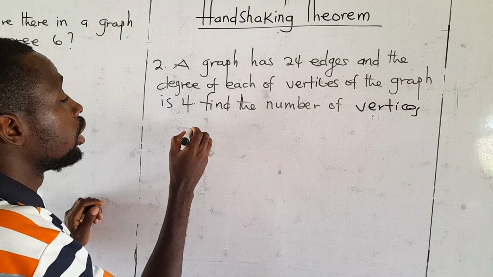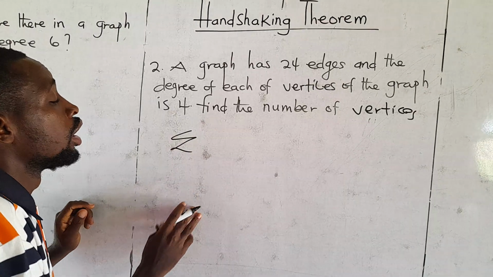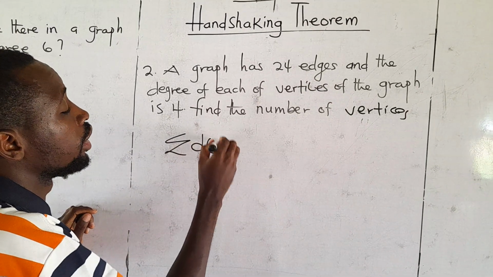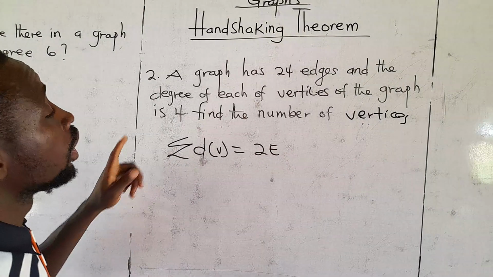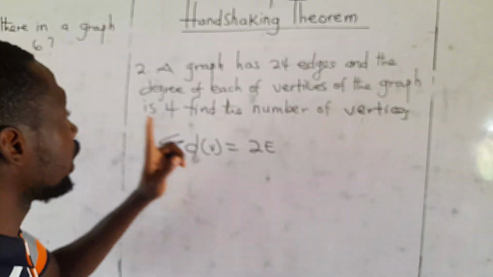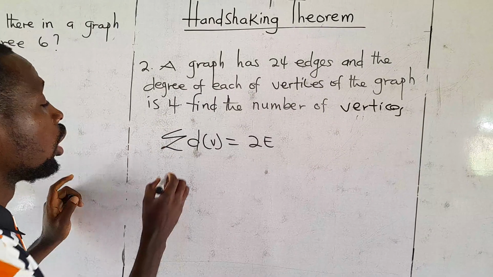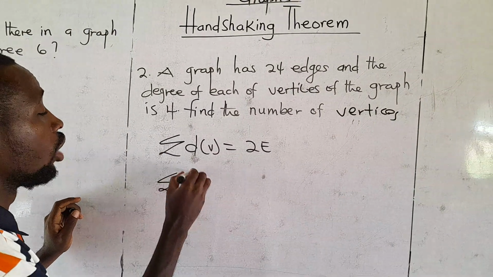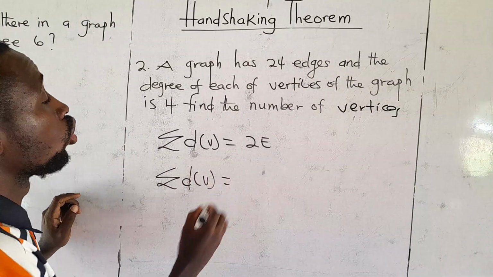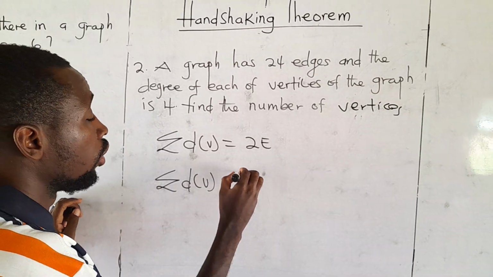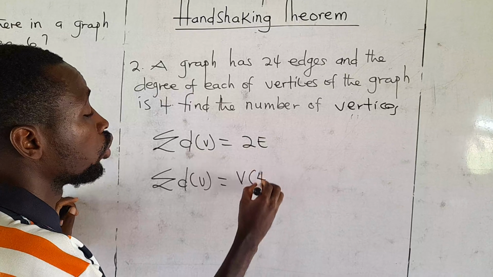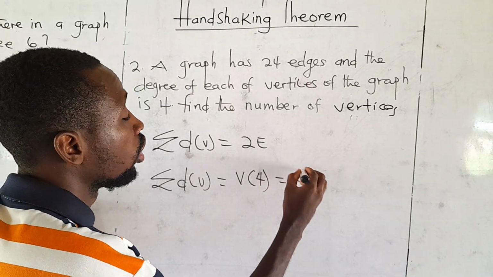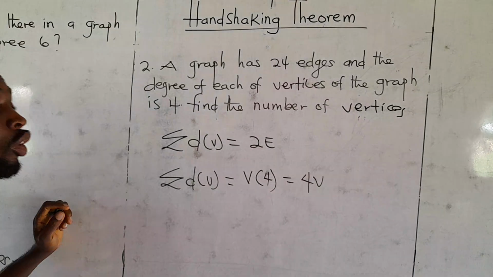Remember, the handshaking theorem says that the sum of the degrees of all the vertices is equal to twice the number of edges. If each vertex has a degree of 4, then the sum of the degrees of all the vertices is v, the number of vertices, times the degree, which is 4. This gives us 4v. I hope you get that.